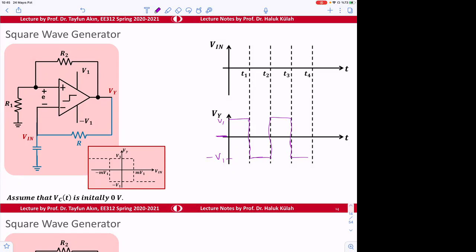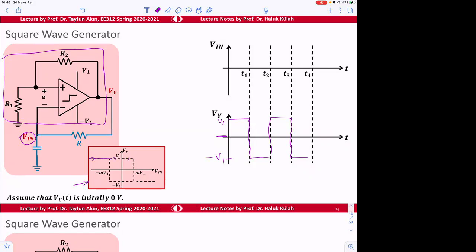So we have analyzed this circuit before, and we know that the response of the circuit is like this. When we keep increasing this Vin, Vy is going to be V1.